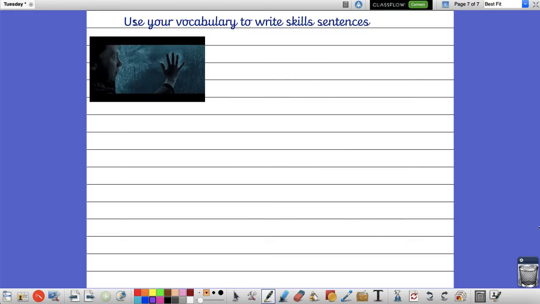Okay, so task 2 now is then, you are going to write those words into some skill sentences. So I'm going to model that for you. Okay, so I'm thinking about now the train itself. Okay, so I'm writing from them being on the train. So I want to use a fronted adverbial.